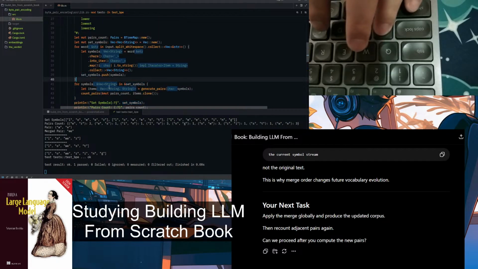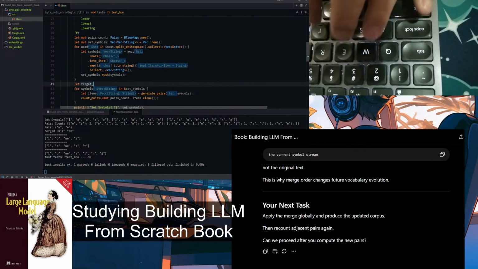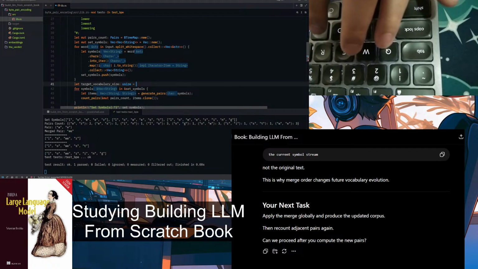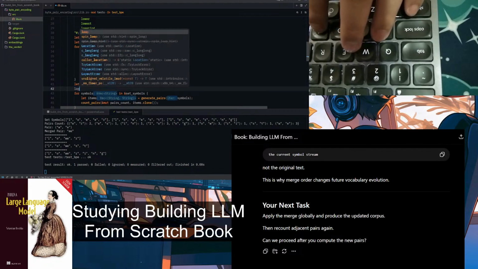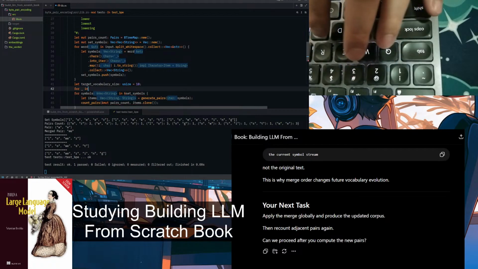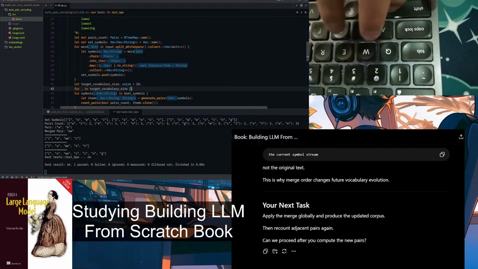So, dito yung let target vocabulary size. Size tayo. Let's say 10. So, let's see. Ano yung aabutin na target vocabulary size.